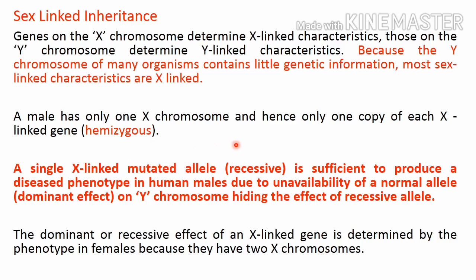And when the mutated allele is present on both X chromosomes of a human female, then that is called homozygous sex-linked or recessive sex-linked inheritance. In human beings, the two diseases, color vision defect and hemophilia, are sex-linked recessive inheritance, as discussed.